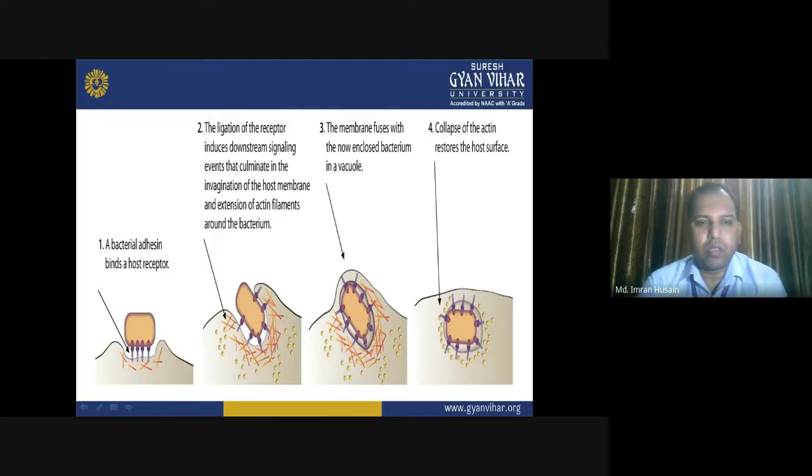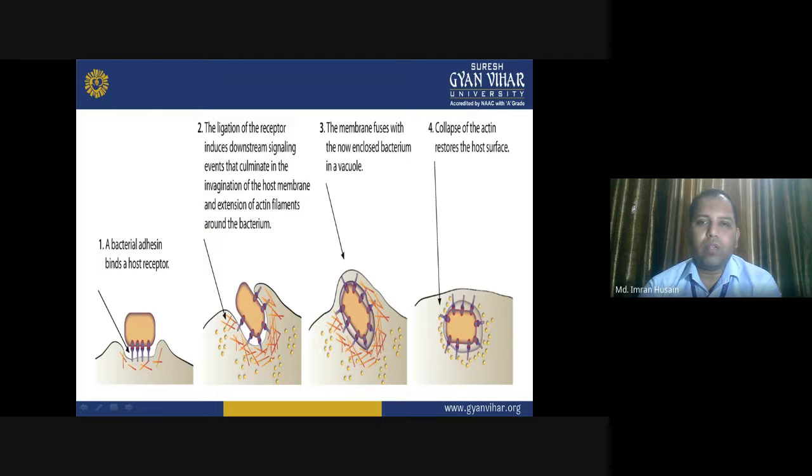So here you can see, in the first step, bacterial adhesin binds to host receptors. The ligation of a receptor induces downstream signaling events that culminate in the invagination of the host membrane and extension of actin filaments around the bacteria.